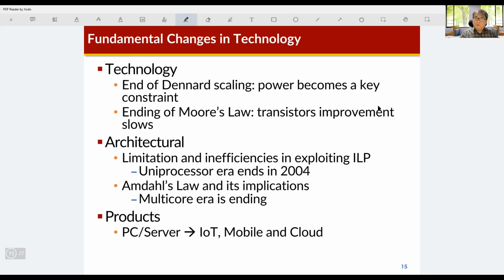So more power will be consumed in the modern processor, and that's actually very critical. Okay.